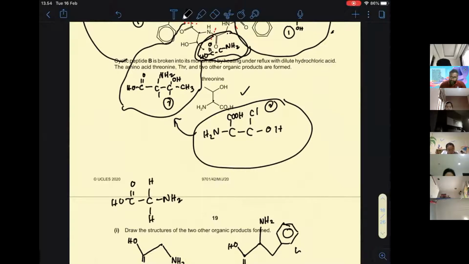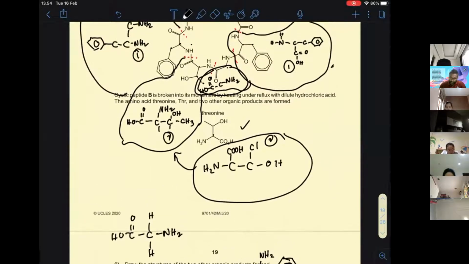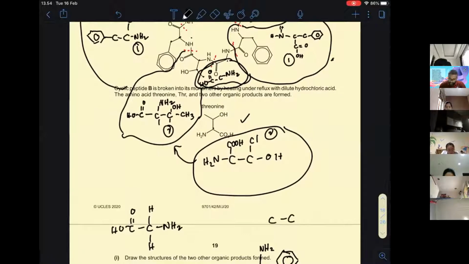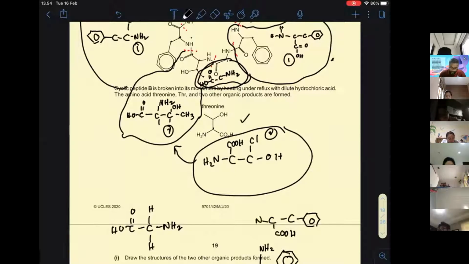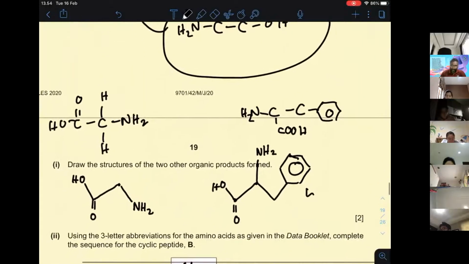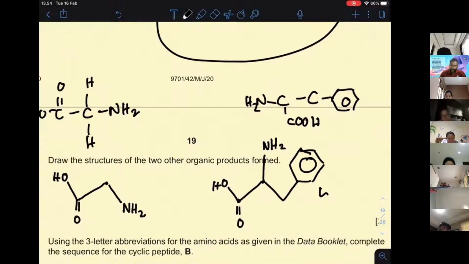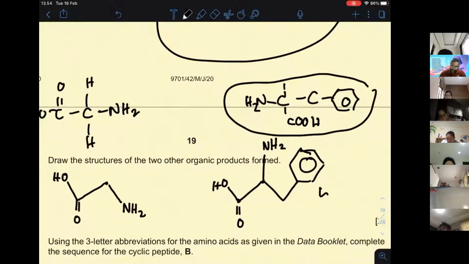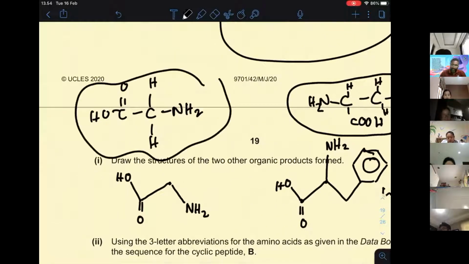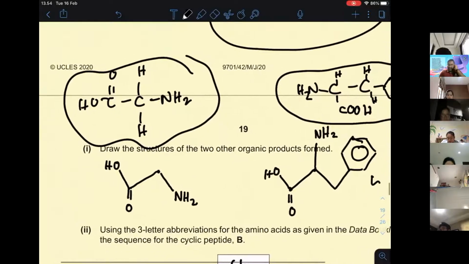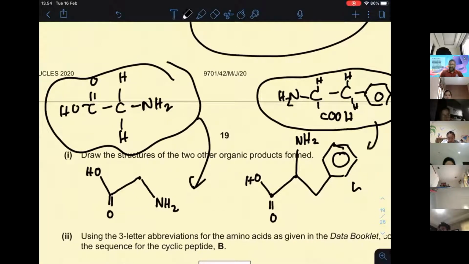And another one is this one: C, C, COOH, NH2. You can write it like this, or if you want to give it in skeletal formula, that also works. But whatever it is, make sure you write properly, with all the carbons and proper bonds. You will get this too. So this one belongs to this.